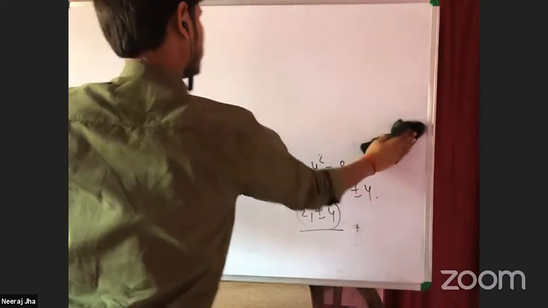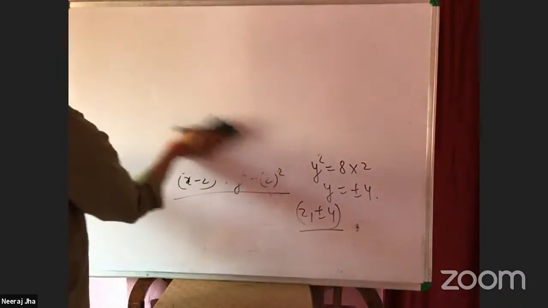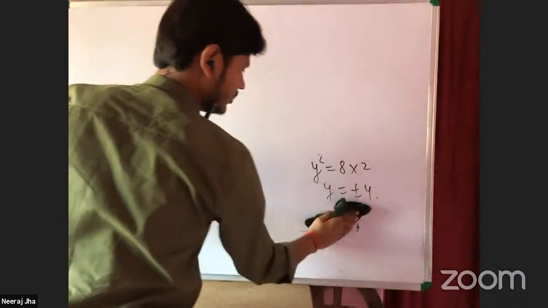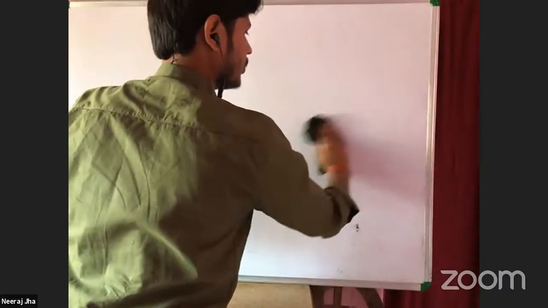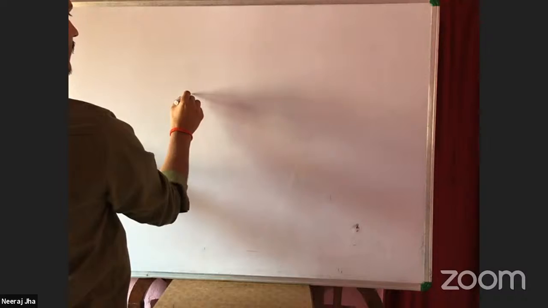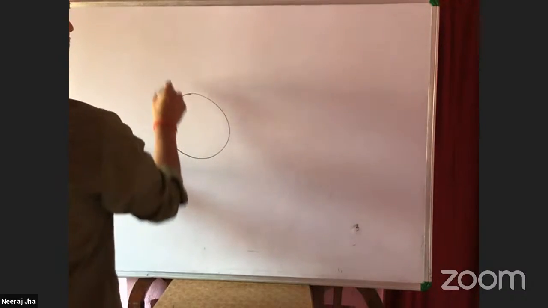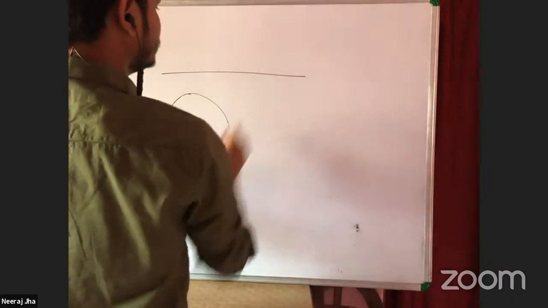Look, this question is based on definition. This problem is from S L Loney's book, Plane Coordinate Geometry. Okay. We have a circle and we have a line.